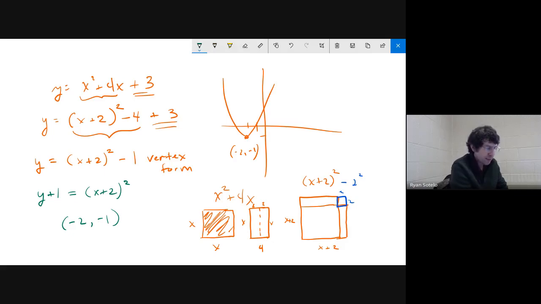You just take the opposite of the number added to x in the perfect square. That'd be minus 2. And then you take this number as the y translational amount, minus 1, and that's the vertex. So that's what they want for that question. And that's what completing the square does for you.